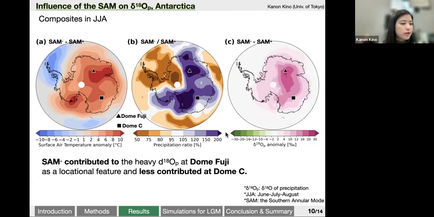On the other hand, it was less sensitive around Dome C, which is also an ice core site in inland Eastern Antarctica. So it means that Dome Fuji is located in the most sensitive region to SAM, but Dome C is not. These locational features warn us to consider the sites separately when we interpret ice core records. We have to carefully think about the differences among sites.